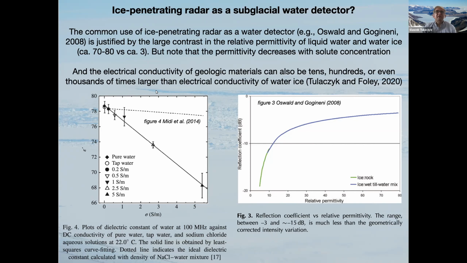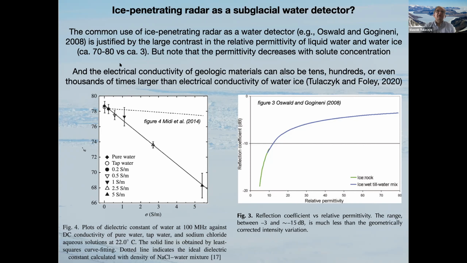And most often in glaciology, that very simple model I just showed you, involving differences between permittivities, is used. What it means is that we're basically using ice-penetrating radar as a subglacial water detector. We're saying that the only thing that controls the strength of the reflection is the amount of water at the base, because that is what controls the permittivity of the bed.